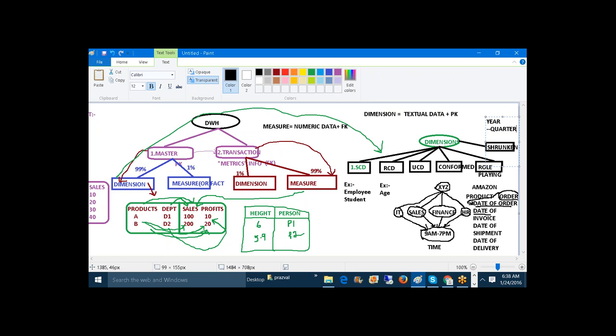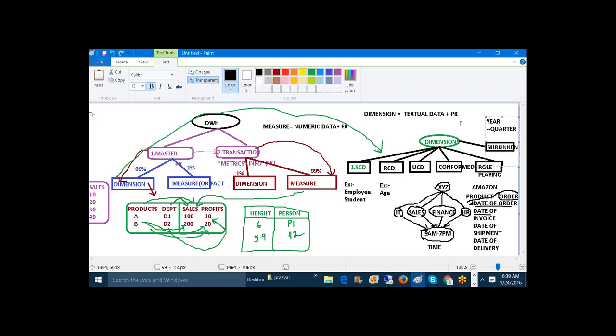If we take year and quarter, quarter is the subpart of year, so quarter will become the shrunken dimension of the year, and month will become the shrunken dimension of quarter, and week will become the shrunken dimension of month. Similarly, if we take country and state, the state will become the shrunken dimension of country. So the subset or the subpart of one dimension is known as the shrunken dimension.